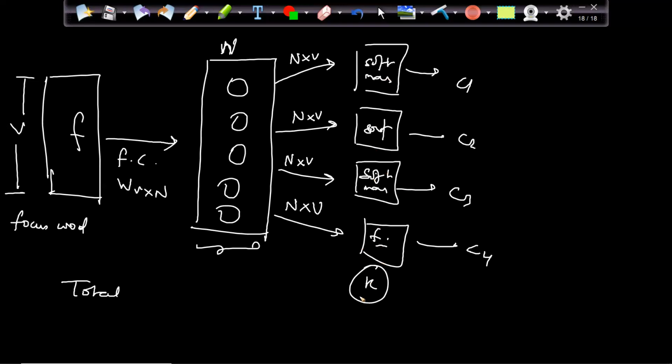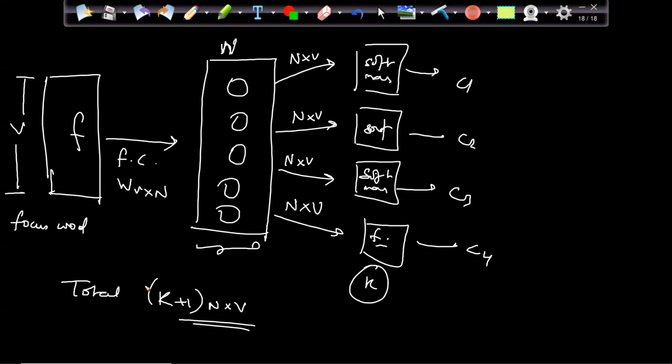So the total number of weights I have to train is (K+1) multiplied by N into V. We have N into V K times, and N into V here as well. So K times N into V plus N into V: in total we have (K+1) N into V weights.